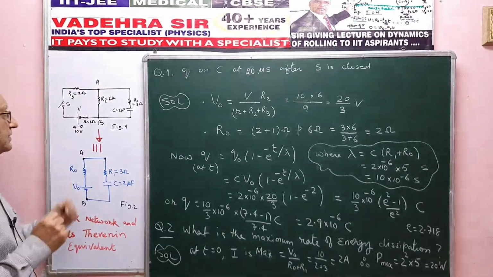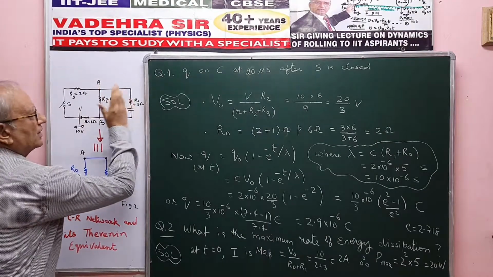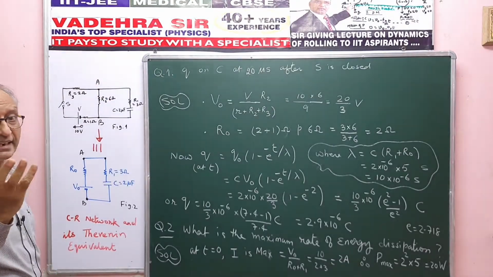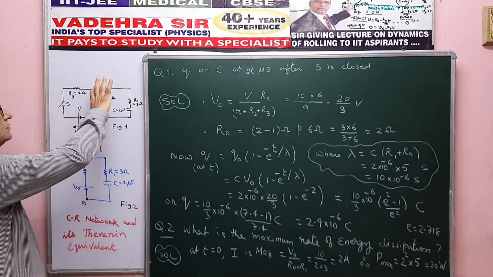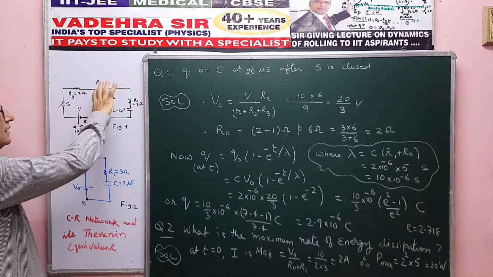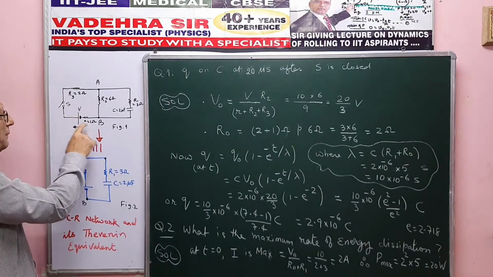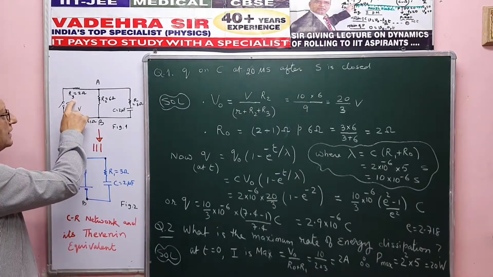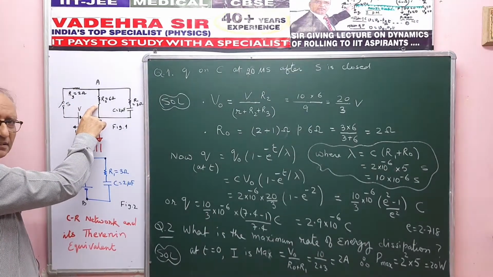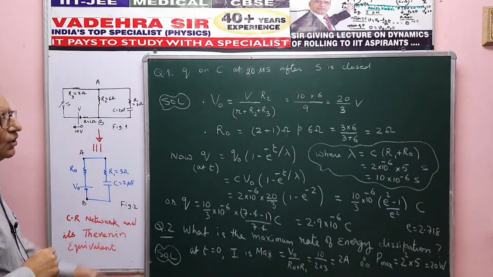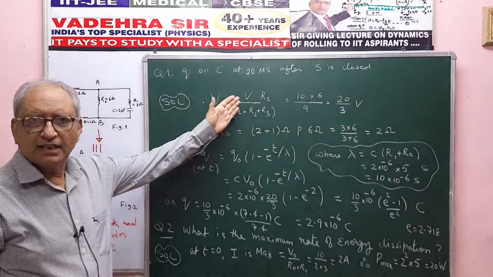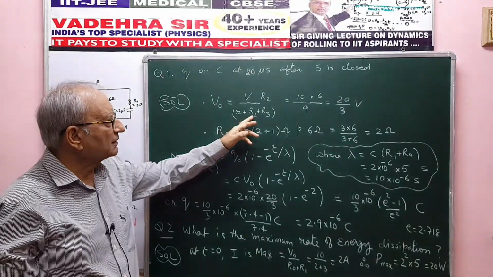How? Very simple. If R1 and C are removed, that's a technique I'm telling you, then between A and B, the voltage is across R2. So the current is V upon small r plus R3 plus R2, multiplied by R2. So V0 will be V R2 upon small r plus R2 plus R3.